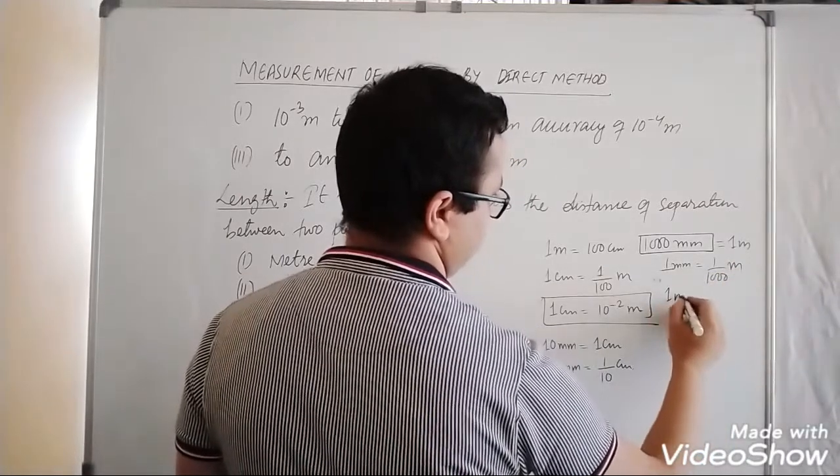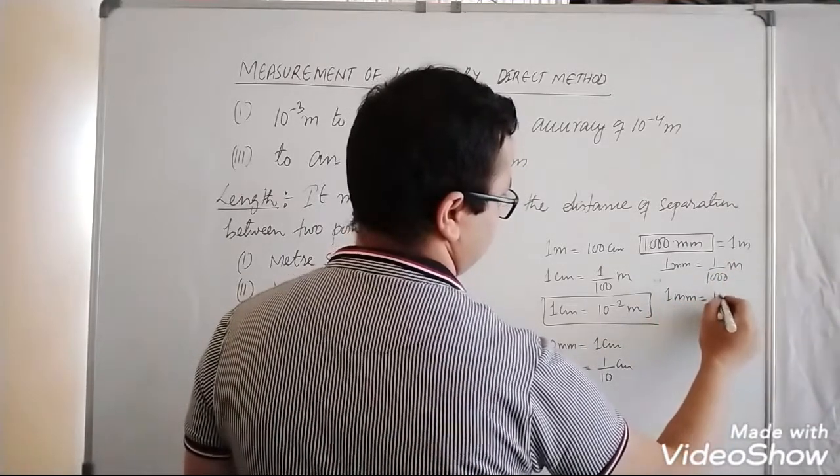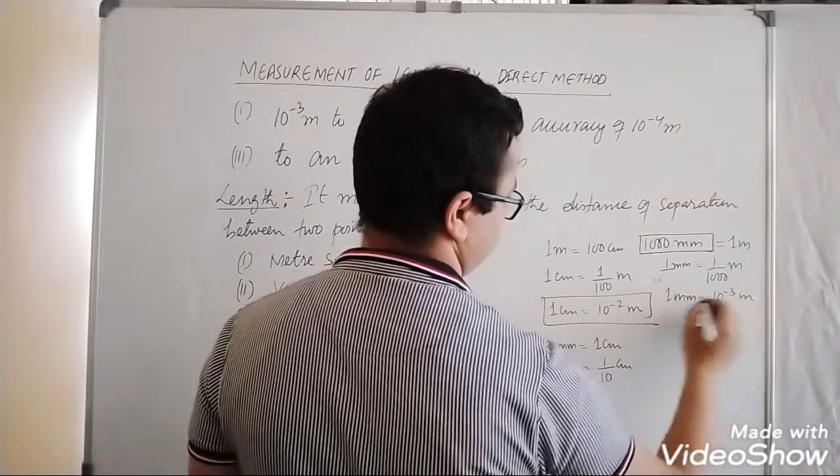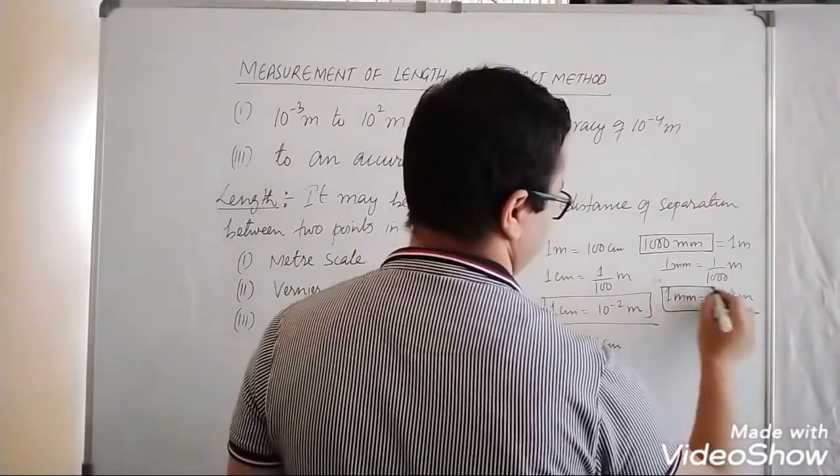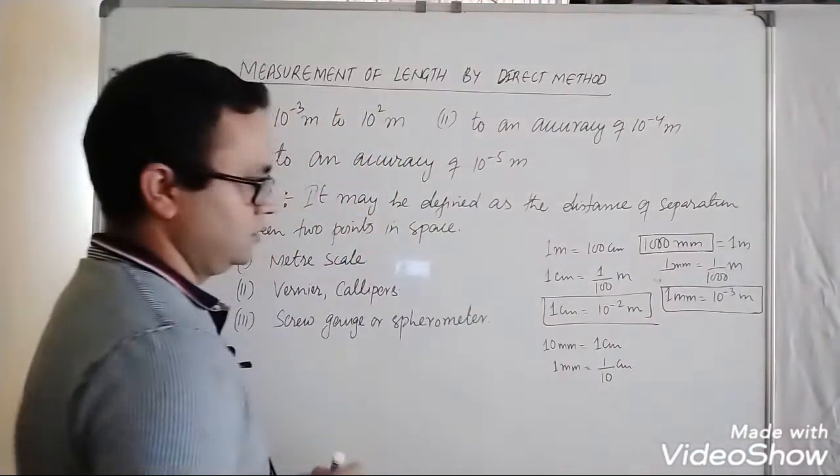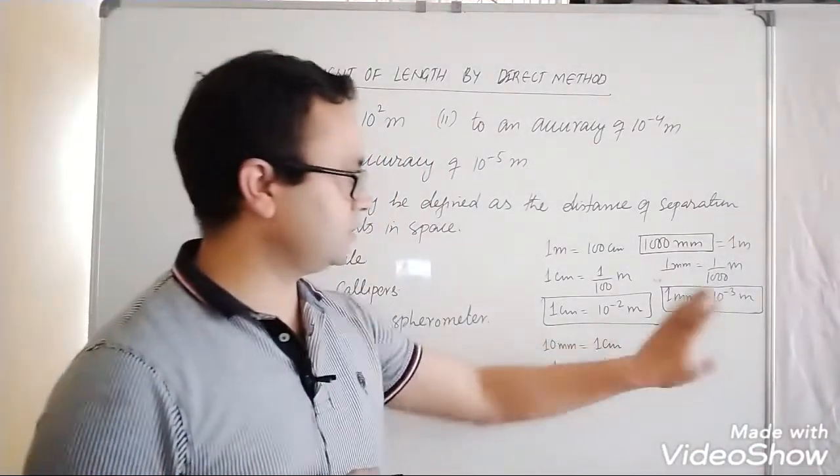So 1 millimeter equals 10 to the power -3 meter. So it can be measured with the help of a meter scale.